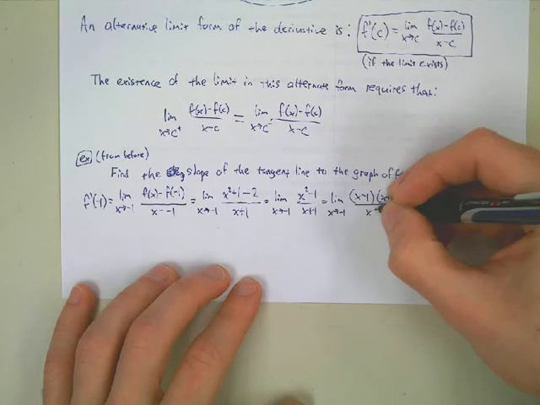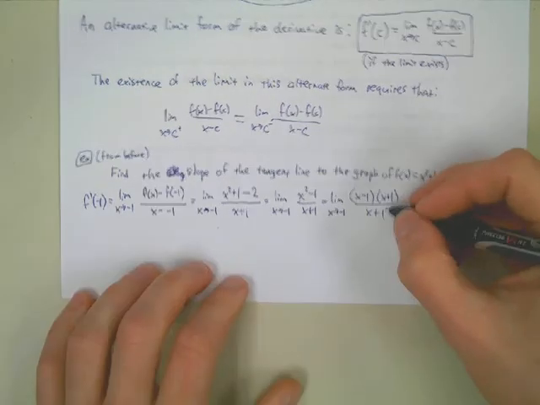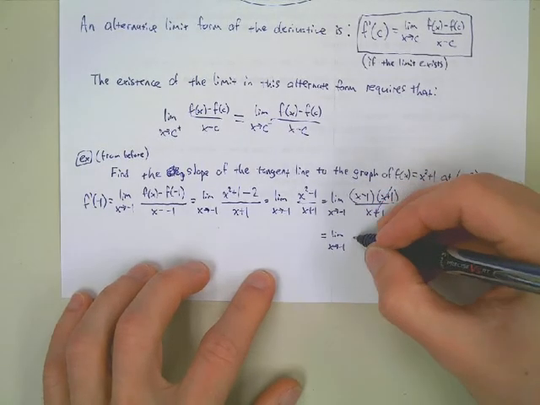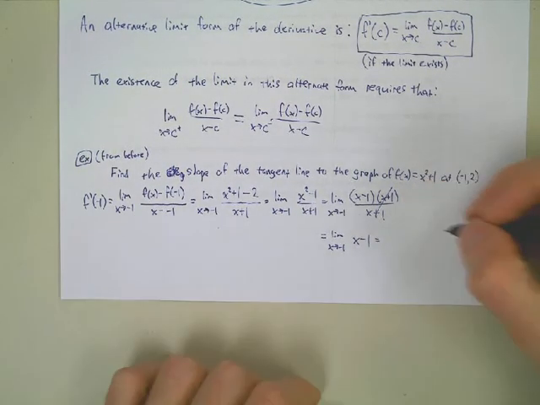The x plus 1's cancel. And so we're left with the limit as x approaches negative 1 of x minus 1. Whew. And so now what can we finally do? Congratulations. Direct substitute, and we get negative 1 minus 1, which is negative 2.